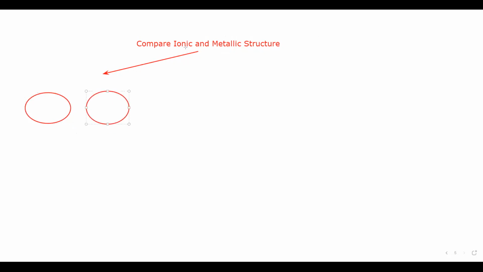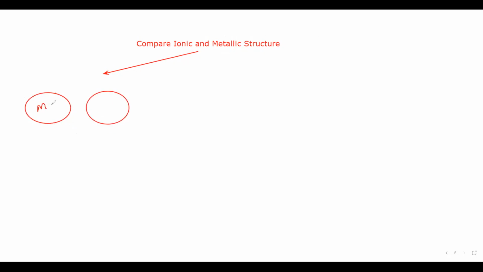So when we compare ionic and metallic structure, when we are comparing the ionic structure with the metallic structure, basically what happened in ionic structure, you have metal and you have non-metal.